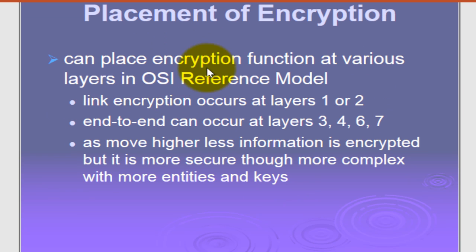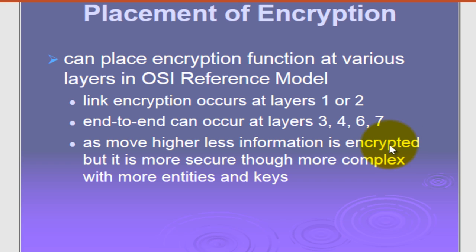If you see the OSI reference model, you have 7 layers. Link encryption is placed at layers 1 and 2, and end-to-end encryption at layers 3, 4 and 6, 7.